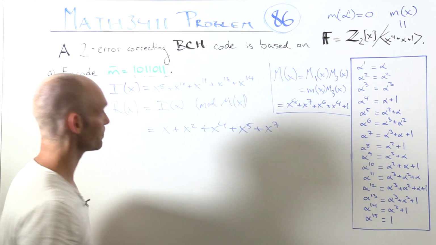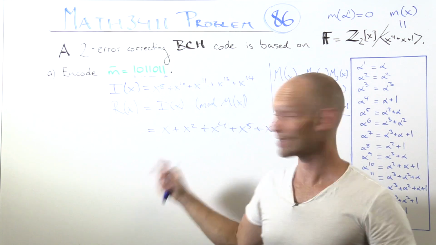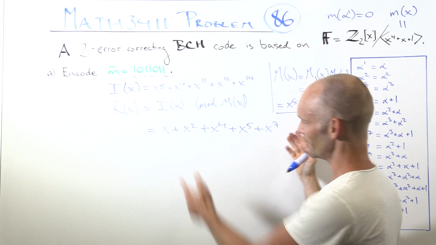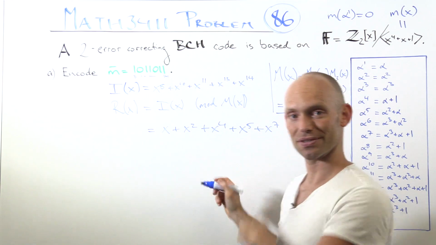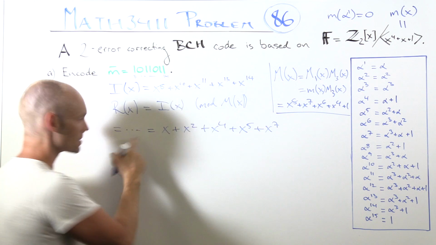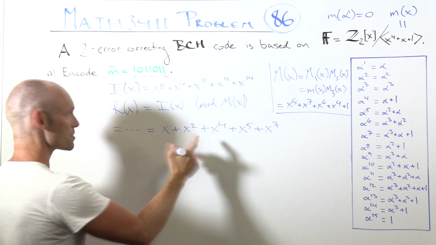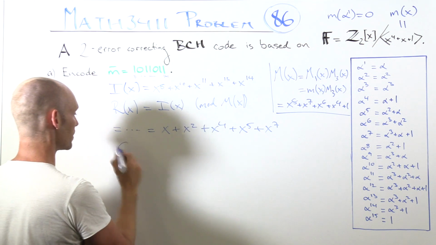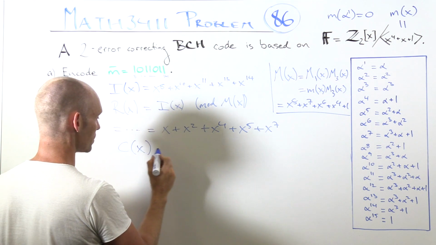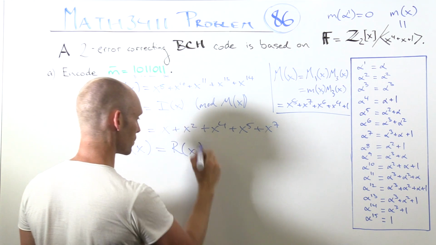And there you go. Now, I didn't do that in my head. You might have to do a bit of calculations. I knew the answer here. So what I really should write is, there is calculation involved. So once you've done that though, then you finally can get to an answer. C of x is equal to the sum of these two polynomials, and that'll be your Codeword polynomial.